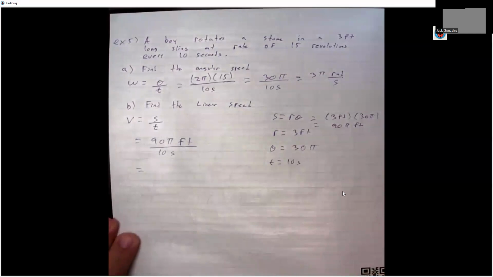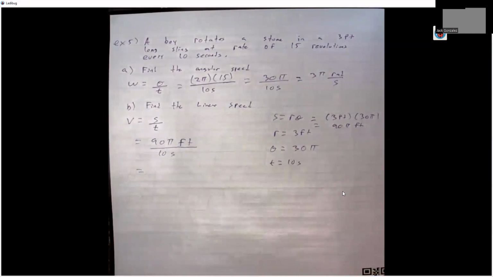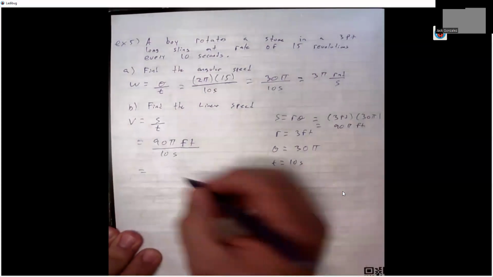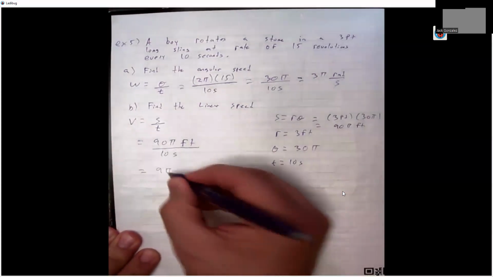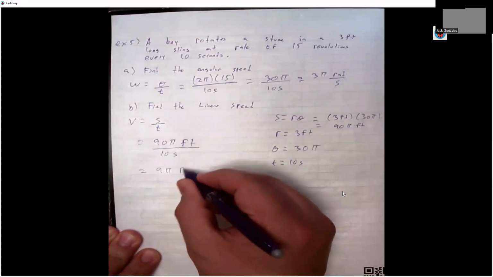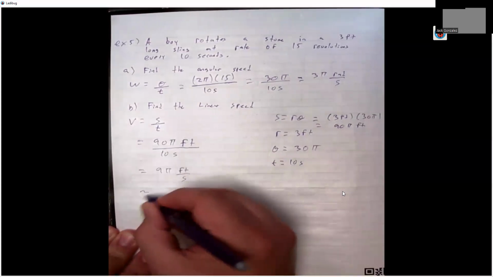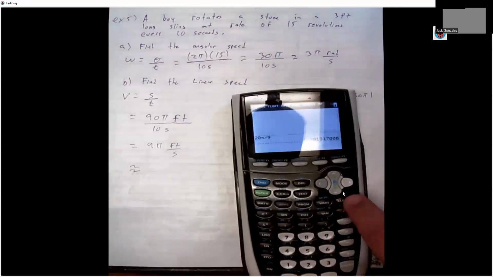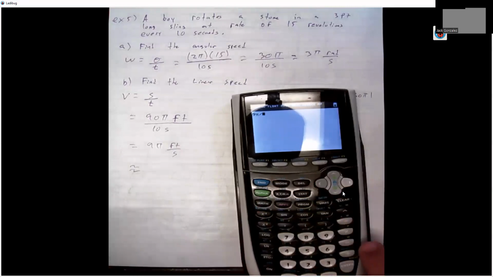So how fast are we going along the edge of the circle? The 9 pi, right? As an approximation, what is that? About 28.27 feet per second.